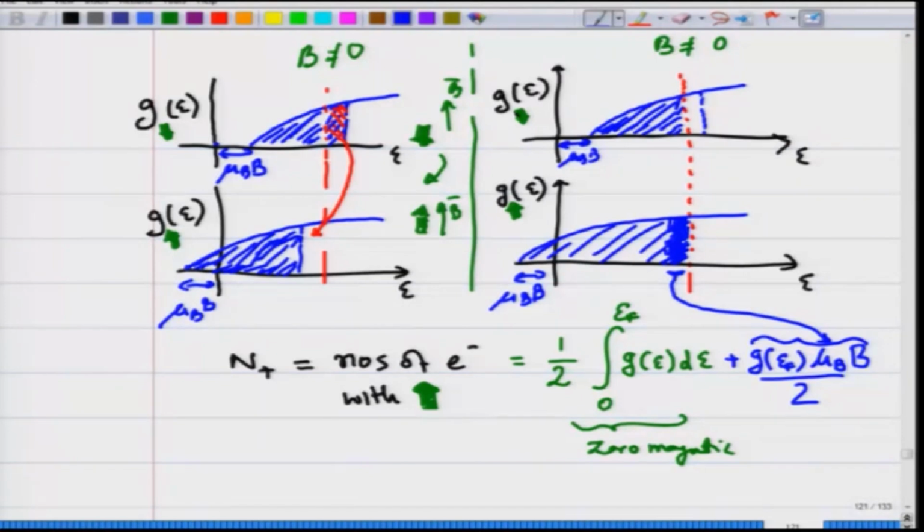And similarly, this many number of electrons are being lost from the density of states for the down electrons with magnetic moment down.